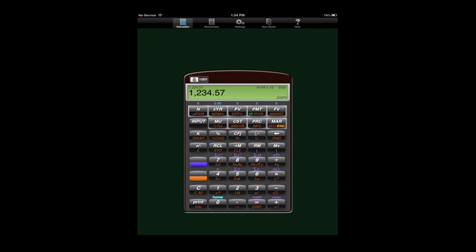Well, in almost all business computations and financial computations, cash flows either come at the start of the period or the end of the period. And the calculator needs to know which one is happening in order to give you accurate results. So for example, every loan that I've ever seen has cash flows at the end of the period. You write a check after the fact to pay the monthly payment on the loan, for example.